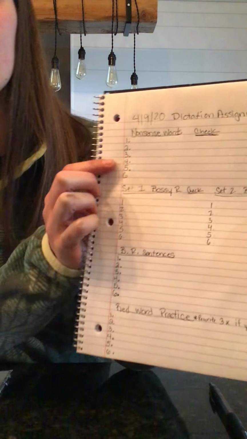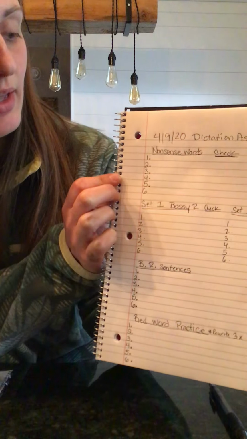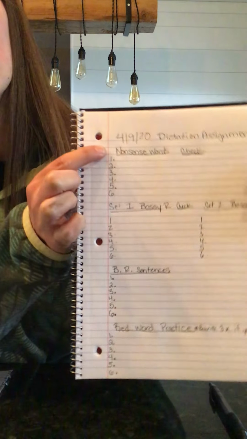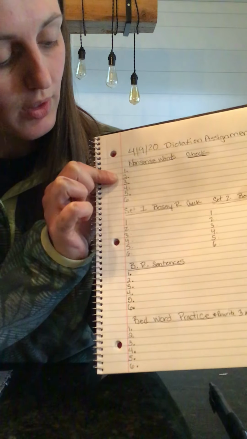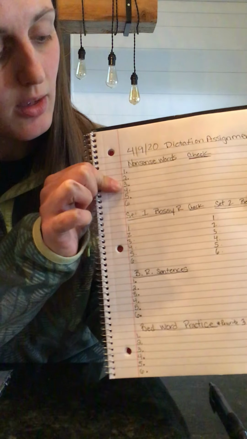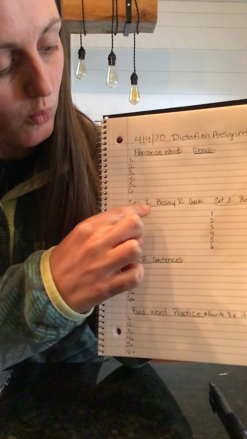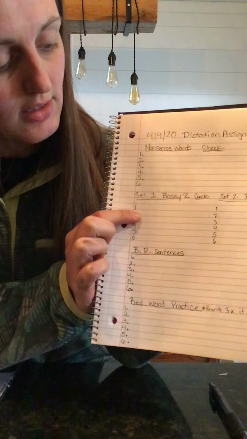So before we get started with today's lesson, please make sure you have a piece of paper ready. I went ahead and wrote out what it should look like. So please set up your notebook paper like this. We are going to start with nonsense words. We'll do a set of 1 through 6, so please set that up. Then we'll have 1 and 2 Bossier R lists.